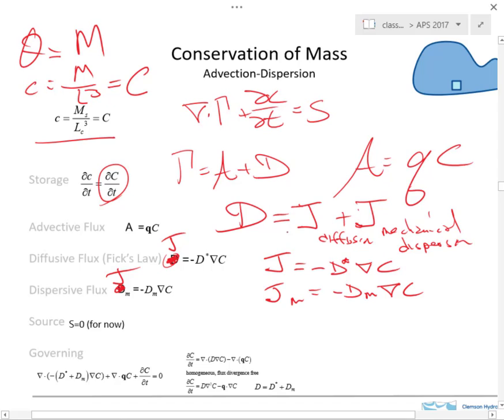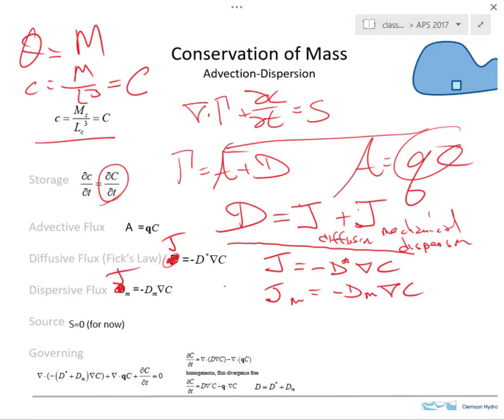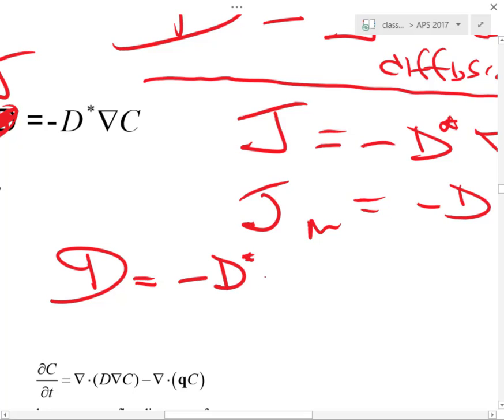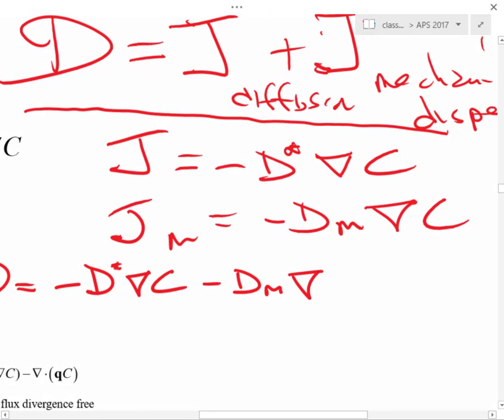Okay, so then what we're going to do is substitute in. This stuff goes in there, and this term really has two components. I'm going to give myself a little bit more room by zooming in. So there's D, and that's going to be minus D star. That's the diffusion, and then the mechanical dispersion is that.